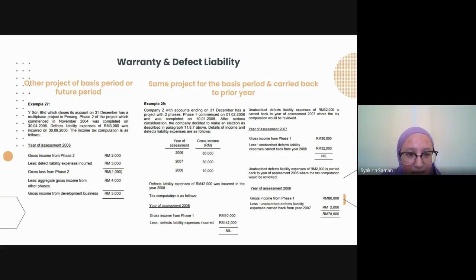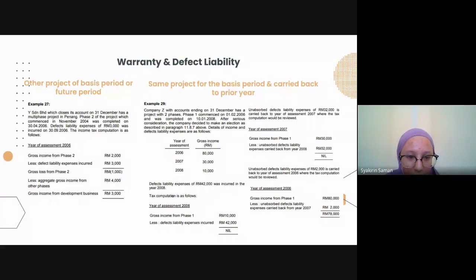Wise Cinderella Hut, which closed its accounts on 31st December, has a multi-phase project in Penang. Phase 2 of the project, which commenced in November 2004, was complete on 30 April 2006. Defects liability expenses of 3,000 was incurred on 30 September 2006. The income tax computation is as follows.